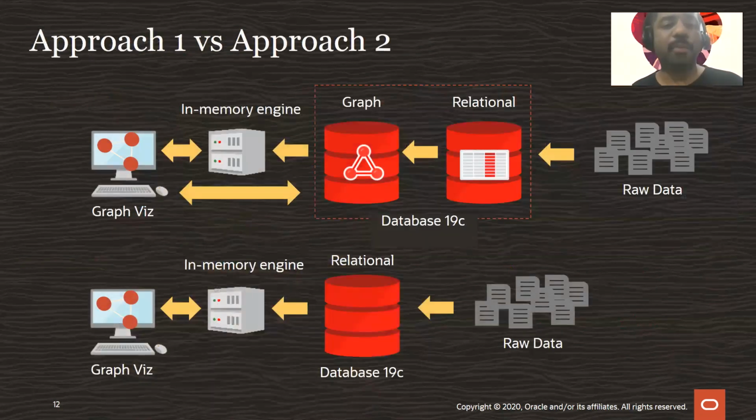Again, to highlight approach 1 versus approach 2: raw data gets loaded into the relational database. From the relational database, it gets loaded into the graph schema, wherein we generate the vertex table and the edge table. It gets loaded into the in-memory engine, wherein we can run the various algorithms like page rank or random walk, and then it can be visualized in the graphs.